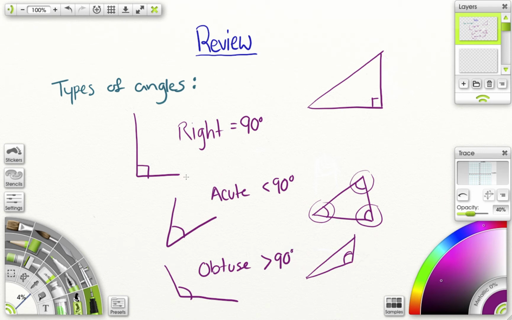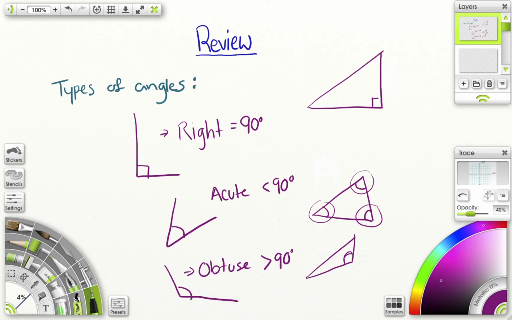So right and obtuse, only one angle will be either: for a right triangle, one is 90 degrees, for obtuse, one is over 90. Acute, all 3 will be less than 90. Right? So that's how we label our different types of angles and triangles.